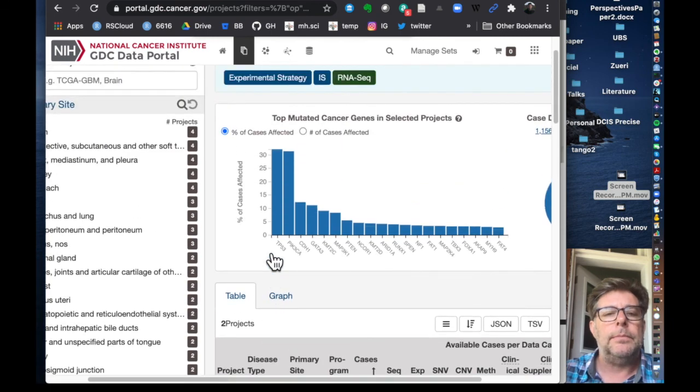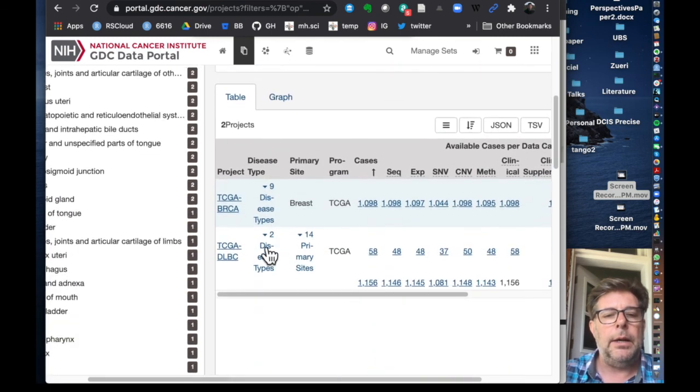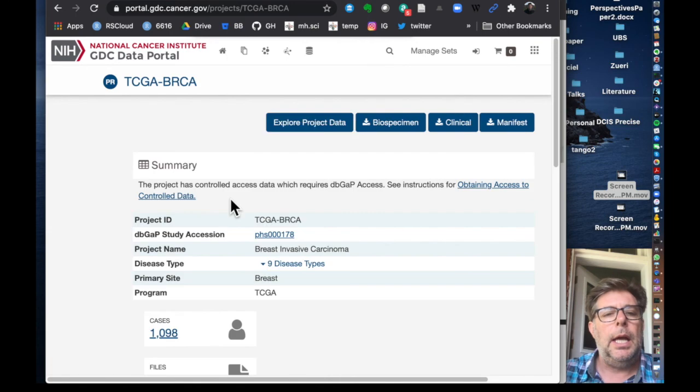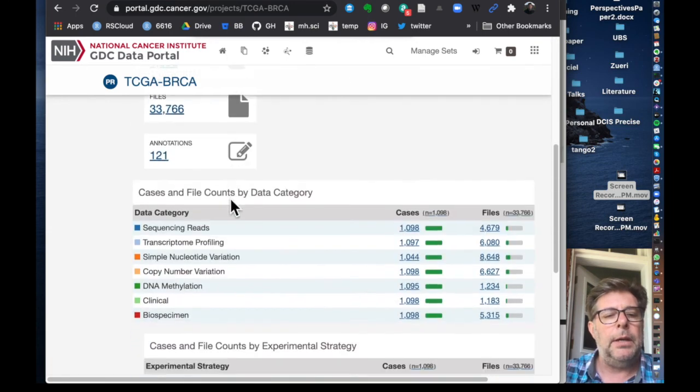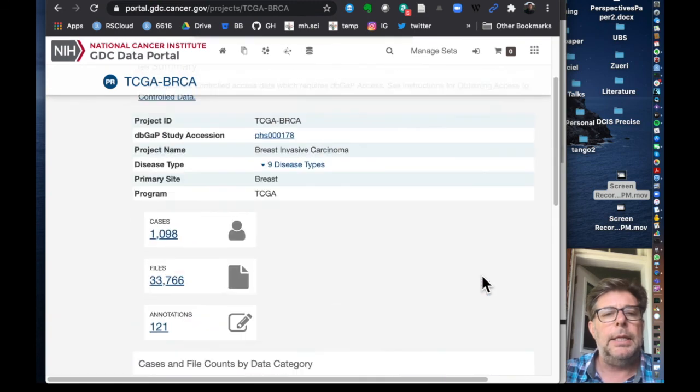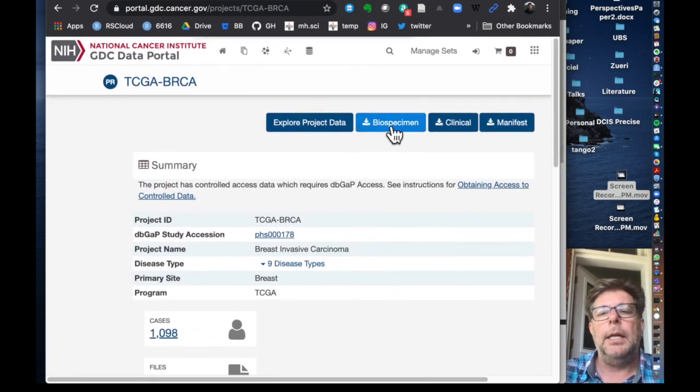And I can then say, okay, I want the TCGA, and it comes in, and I can drill down, and I can specify what I want, and at the end of the day, I can download the clinical data, which you have, and I can download the actual gene expression data pretty easily to my machine.